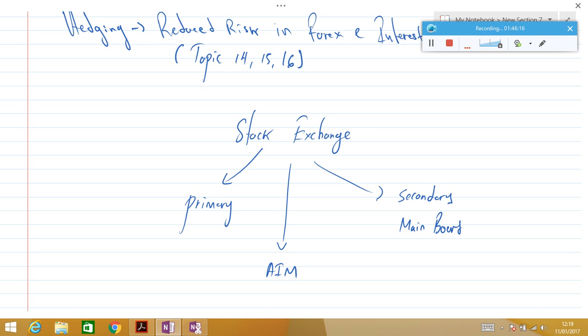Those companies in the main board, if the company is not performing well, it will reduce the value of the money. That's why the stock exchange is very, very sensitive towards its secondary. This is very important. Anything goes wrong there, then we are gone. So it's a very important company there.